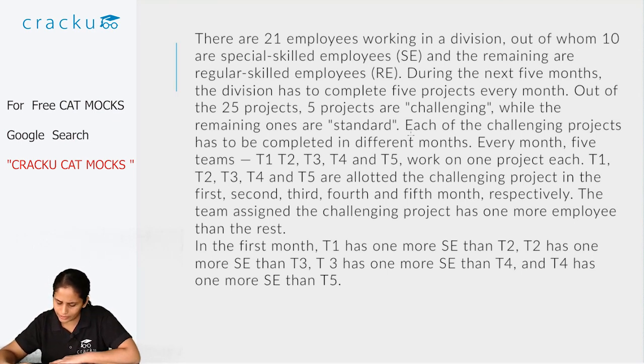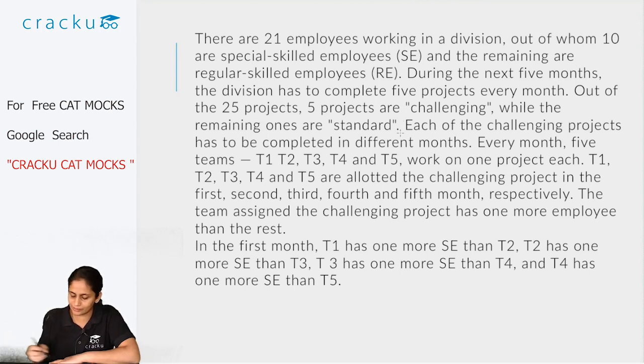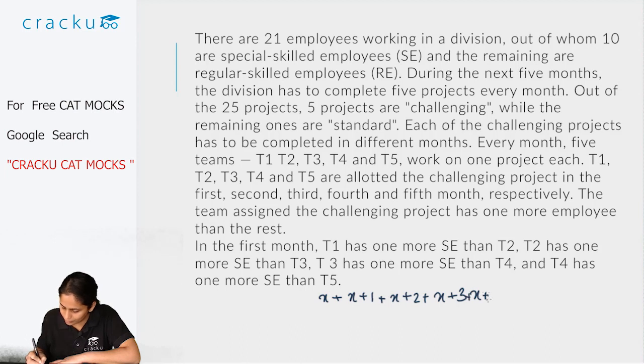In the first month, T1 has one more SE than T2, T2 has one more SE than T3, T3 has one more SE than T4, and T4 has one more SE than T5. Now suppose T5 has x SEs. Then the number of SEs with T4 is x plus 1, with T3 is x plus 2, with T2 is x plus 3, and with T1 is x plus 4.